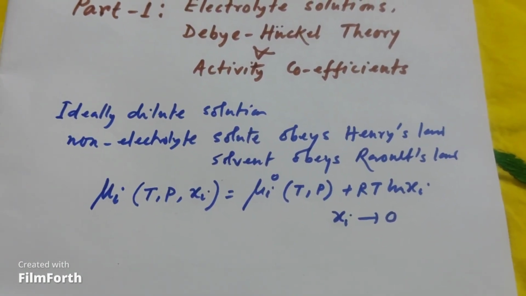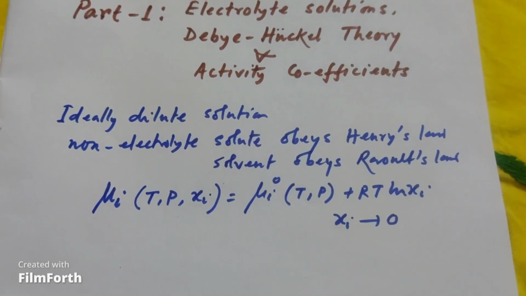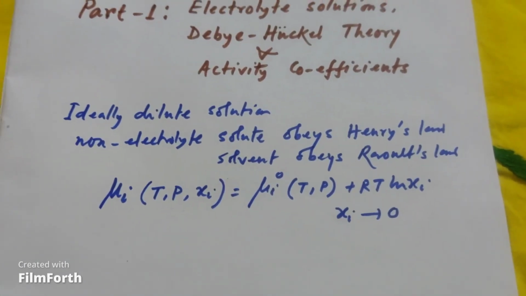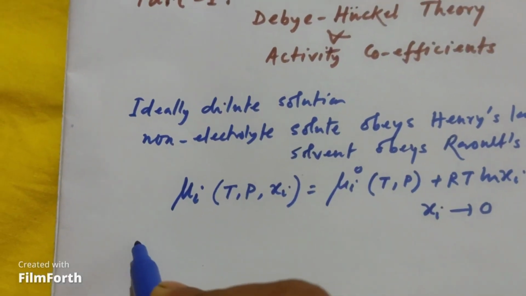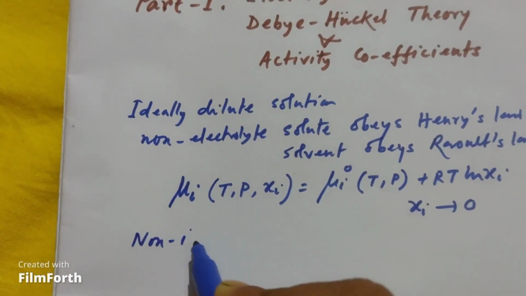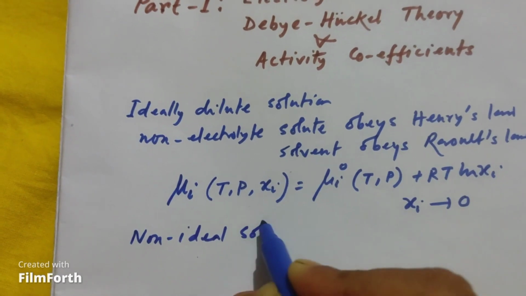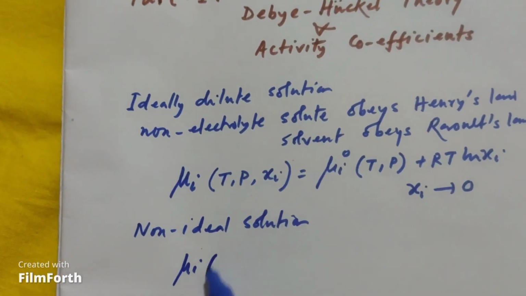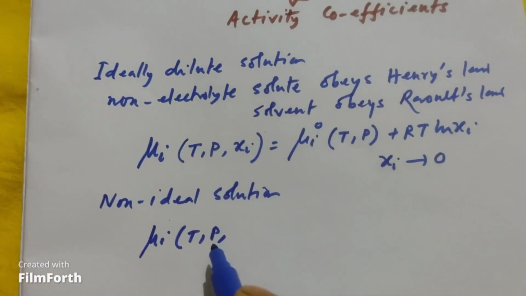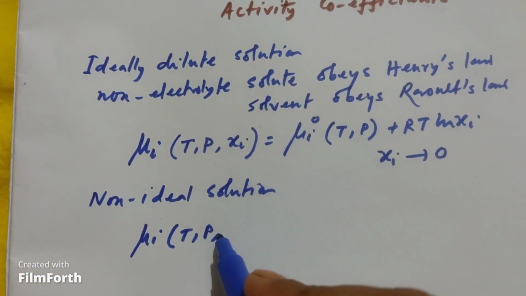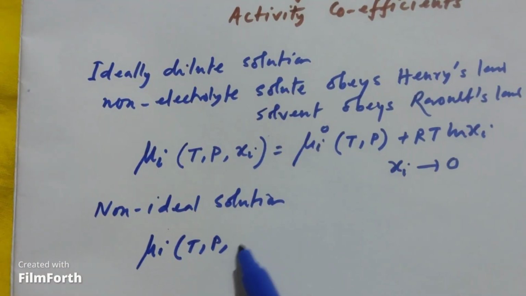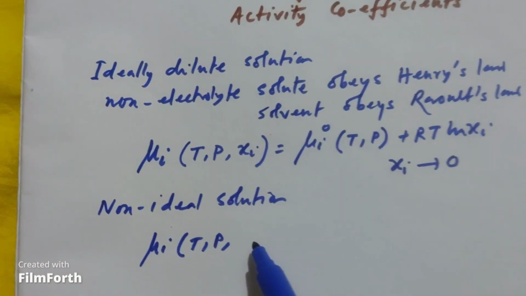But if the solution is not an ideal one, if it is a non-ideal solution, we can modify the equation. We can modify the equation as mu i T, p, and the mole fraction should be replaced by activity.